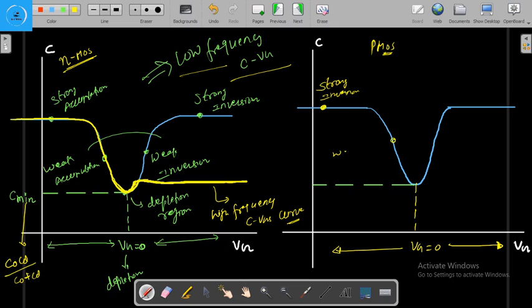here the weak inversion, here the weak accumulation, this is the accumulation, and this is the depletion.